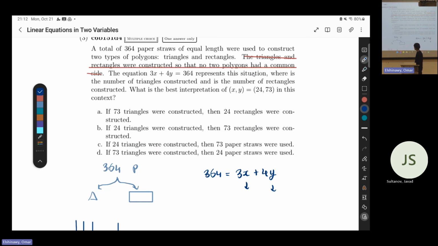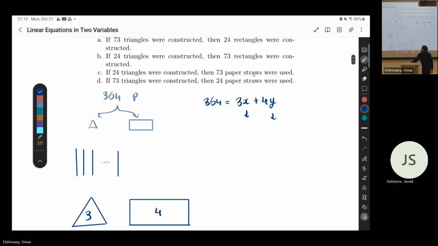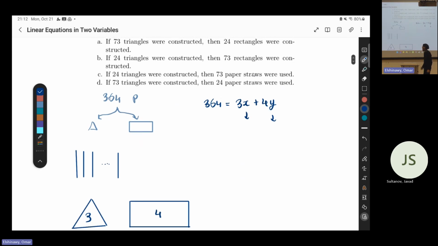Now let's look at some of the choices we have. If 73 triangles were constructed, then 24 rectangles were constructed. We agree that X is the number of triangles and Y is the number of rectangles. Now we just need to check which ones work. So it's a combination of the two.